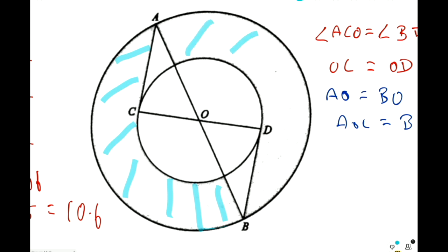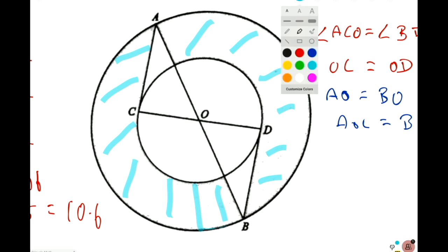Okay, so how to find the shaded area? We will take the big circle, then minus the triangle and whatever is inside. Or maybe I need to find this first.